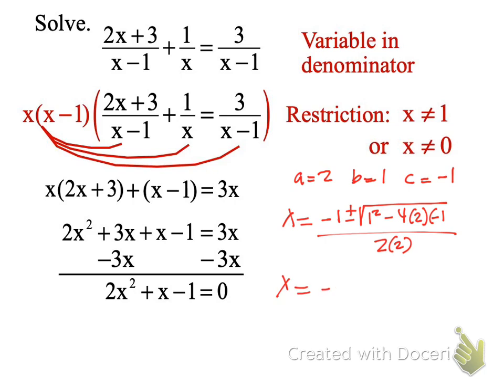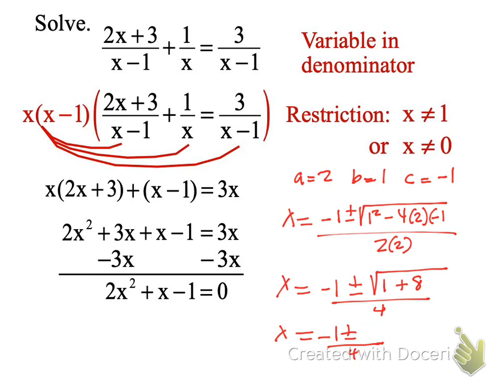X equals negative 1 plus or minus the square root of 1 plus 8 all over 4. So x equals negative 1 plus or minus the square root of 9, which is 3, over 4. You know what? Let's just change that to 3.